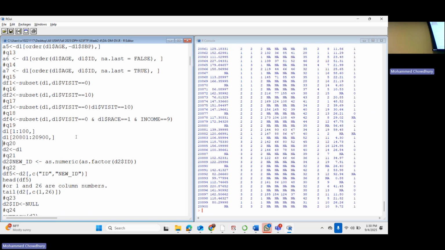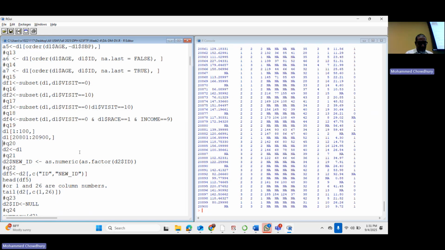So that is why I write D1 square bracket 1 to 100, so rows 1 to 100. The second one is rows 20,801 to 20,900, including all columns.